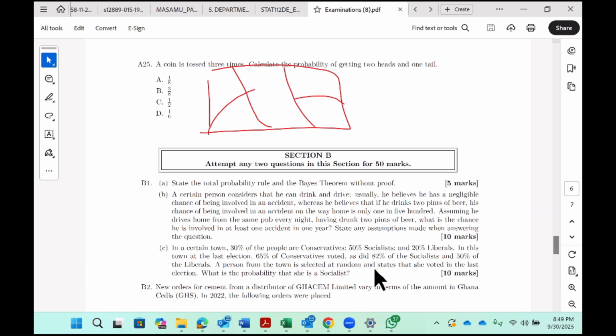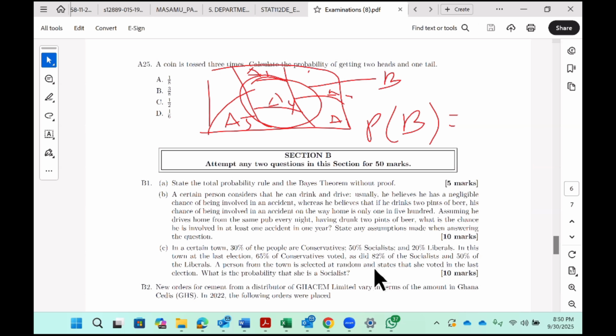So we are saying that the total probability of B, which is this circle, is equal to the probability of A1 times the probability of B given A1, plus the probability of A2 times the probability of B given A2, up to that.